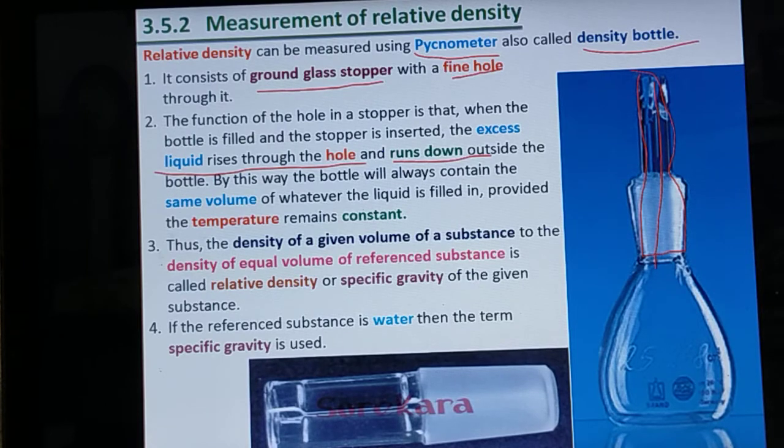So here the reference substance is water, and this is called relative density. If the reference substance is water, then the relative density is expressed as what? Specific gravity.